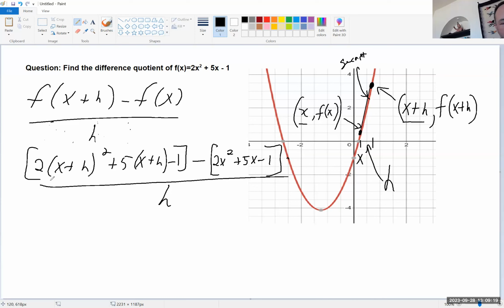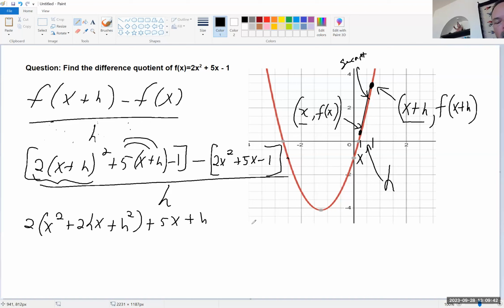This is the piece that might be a little challenging because you've got to multiply this out, so it's 2 times x squared plus 2hx plus h squared, plus 5x plus h, distributing there, minus 1, and then distribute the minus sign.